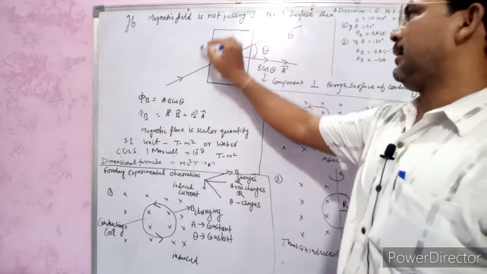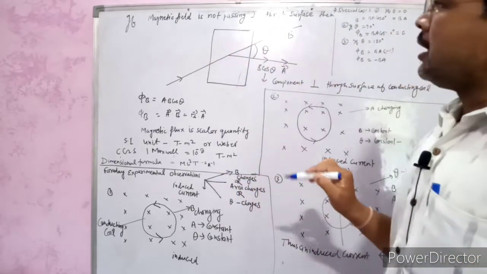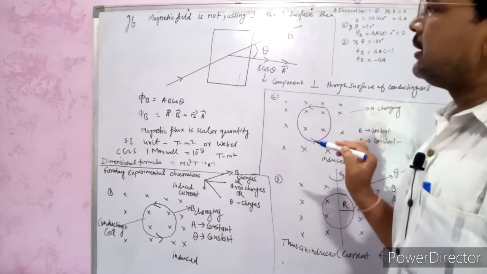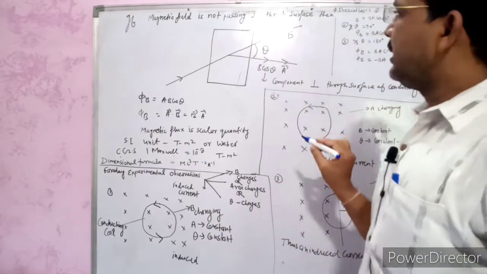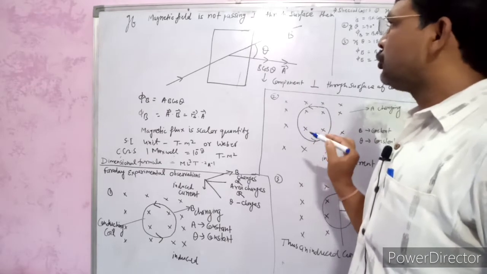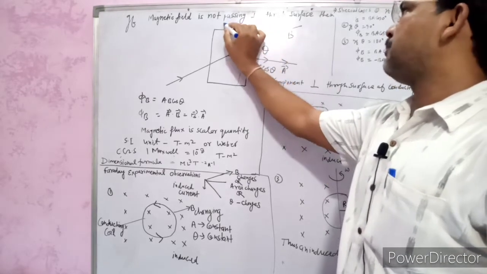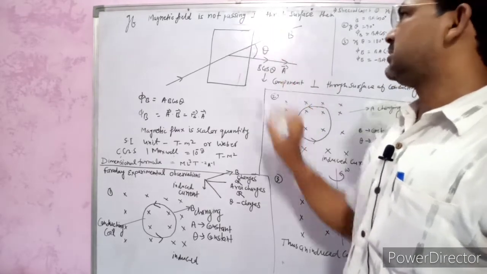Now here, by the definition of magnetic flux, magnetic field lines are those which pass perpendicular through the surface.